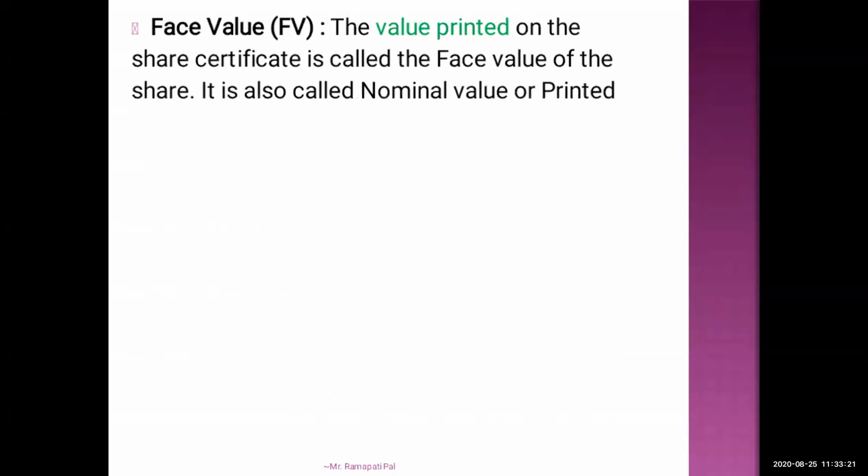It is also called nominal value, printed value or par value.